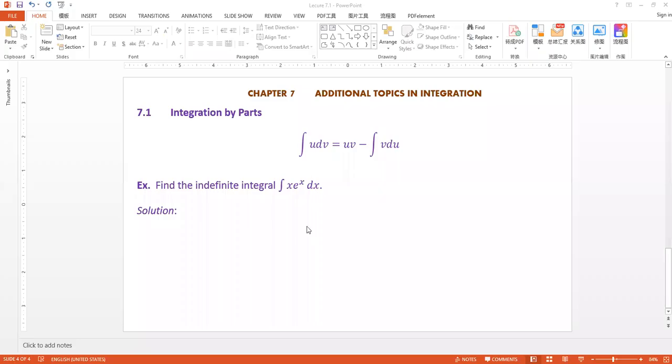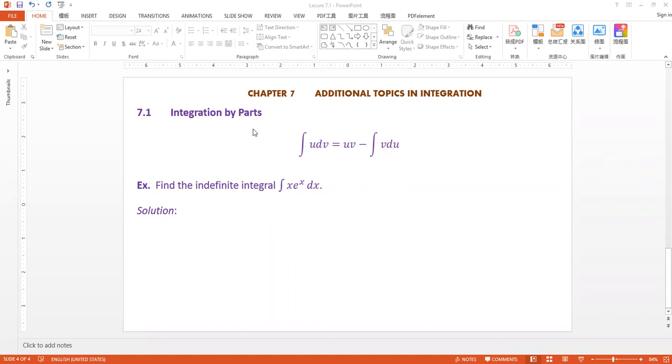Hello, everyone. I'm going to work through one example in section 1 of chapter 7. This section is integration by parts, in chapter 7 of additional topics in integration.